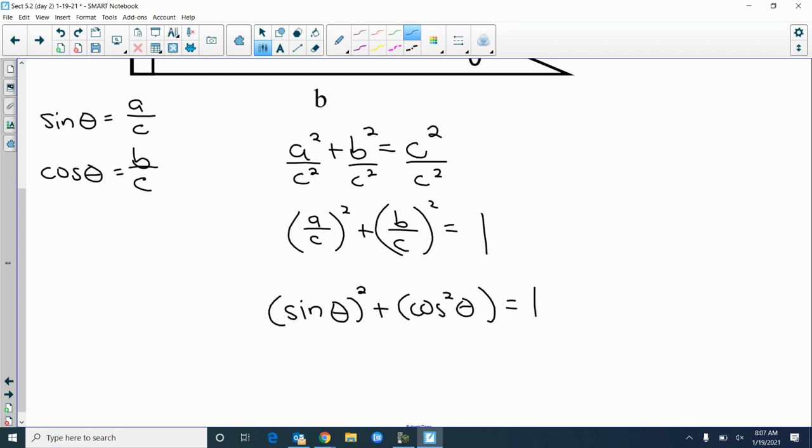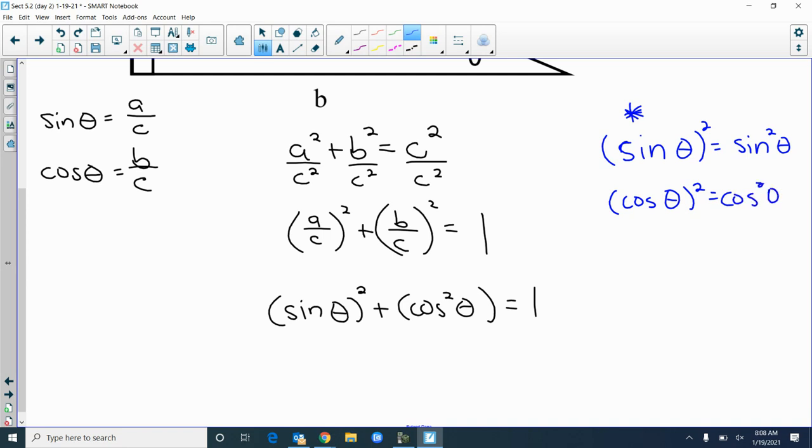And a little bit here on notation. If you have sine of theta squared, we are going to write this like that. That's kind of how it's accepted. You're not squaring the angle. Okay, you're not squaring the angle. You're taking the sine of theta and you're squaring it. Okay, that's different. And so cosine of theta, if we're squaring that whole thing, we write it as cosine squared theta.